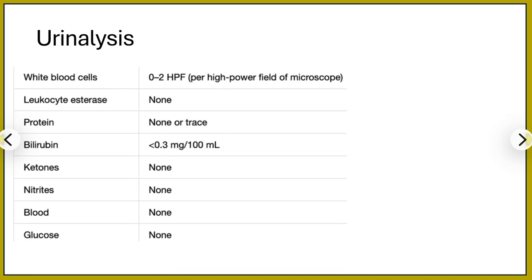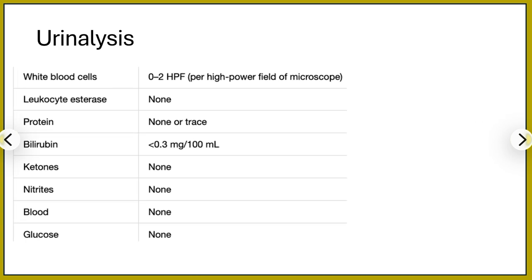All right, finally, some things that you look for in urinalysis is the presence or absence of things that are normally going to be there. So white blood cells, in general, cells are usually absent. If you have cells, it's usually going to be white blood cells, which indicate a urinary tract infection.